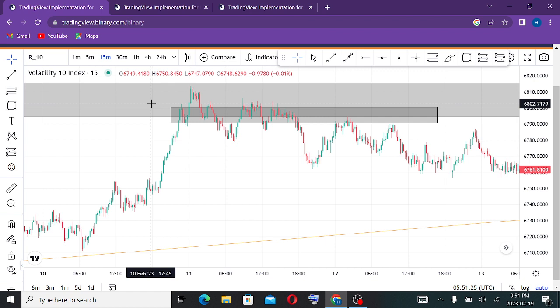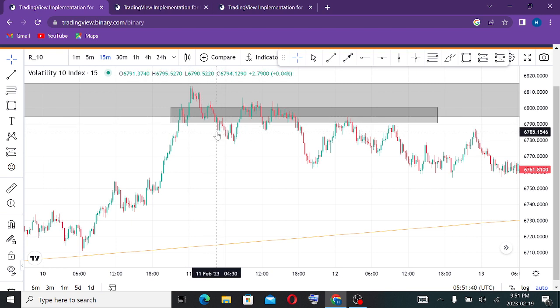So now we are looking for our confirmation. We now mark our base, push up, drop, push up. That's rally base, rally. Now we mark our base out, and then we want to see market close below our base. So once market closes with a candlestick below our base, this will be your entry, and then you put your stop loss above here.